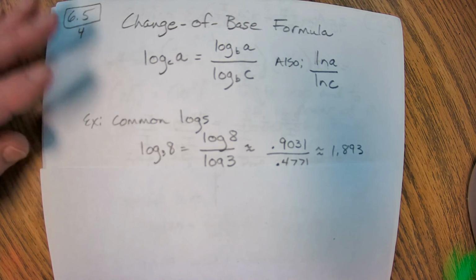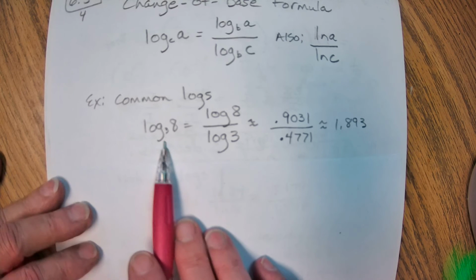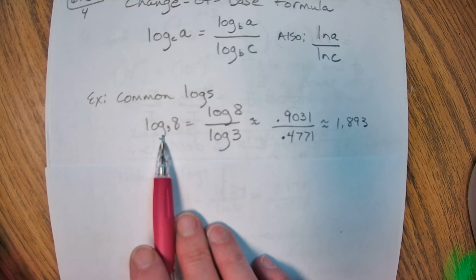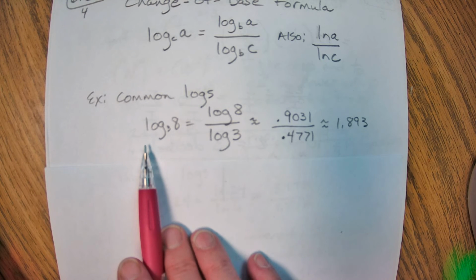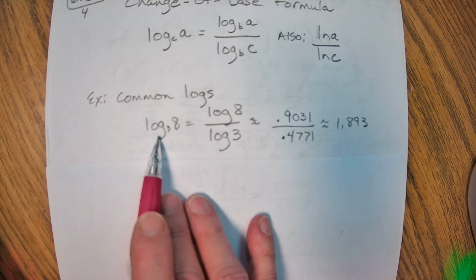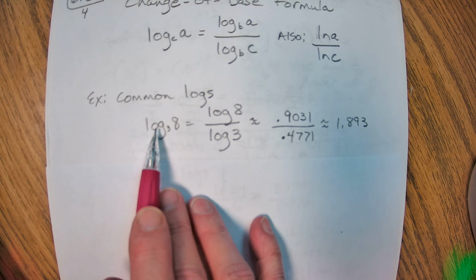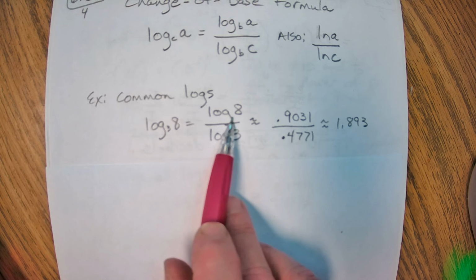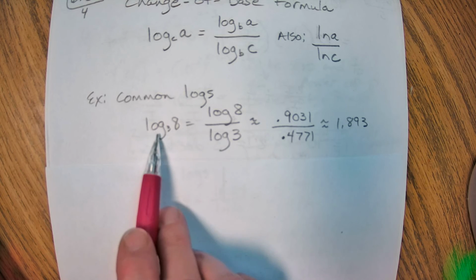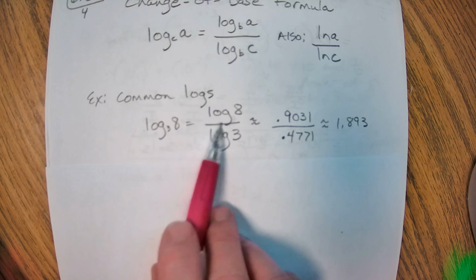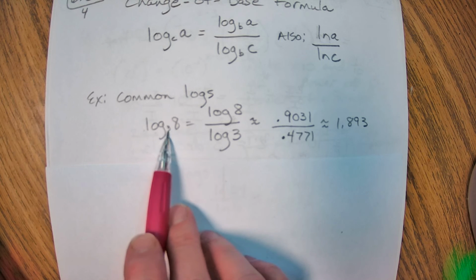So let's just do some problems. If you don't have a calculator that can do any base log for you, you need to know how to do the change of base formula. So let's say we have log base 3 of 8. Remember, if it doesn't have anything down here, this is a common log with the base 10. So log base 3, we're going to change it to the common log of 8 divided by the common log of this base.